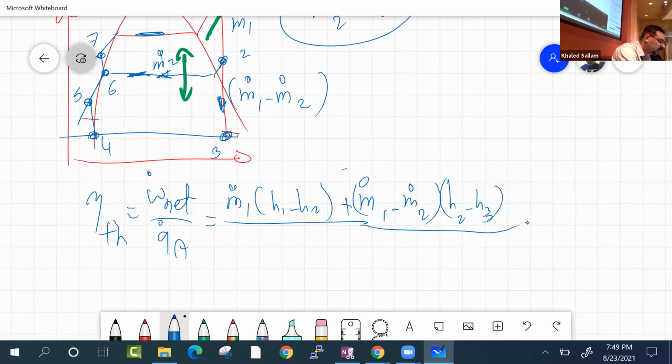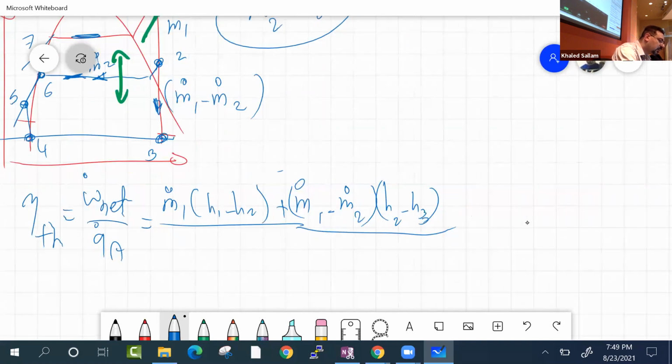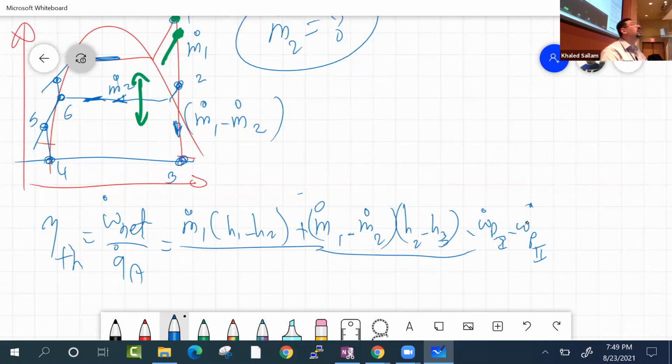Minus work pump 1 minus work pump 2. And each one of those work pumps is going to be m dot times h minus h, with the m dot going into it.